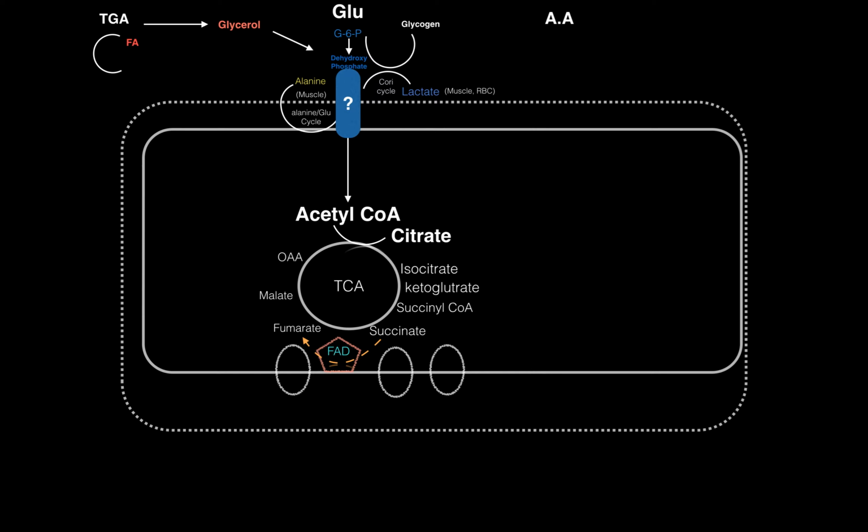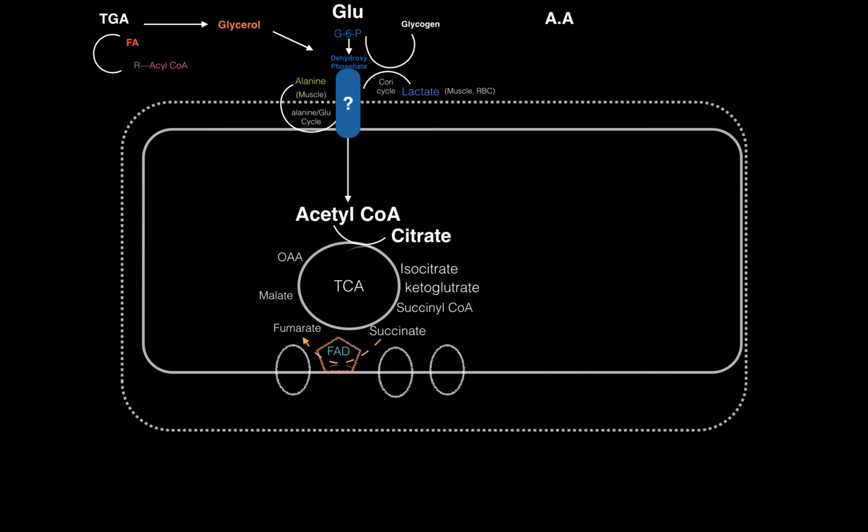Okay, so as you can see at the top side, in triglyceride, the glycerol part will be converted, as we said, to dihydroxyacetone phosphate, which is a precursor for glycolysis, while fatty acids, as you can see at the top of the slide, will be converted to acyl-CoA. The first committing step in fatty acid breakdown is activation to acyl-CoA.